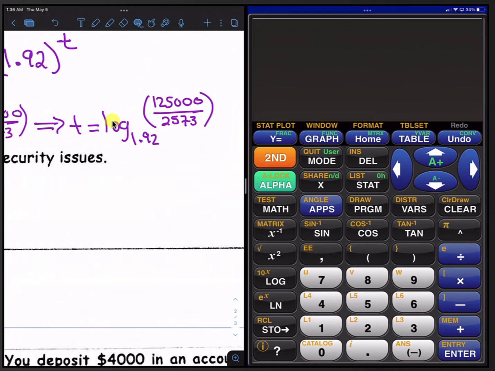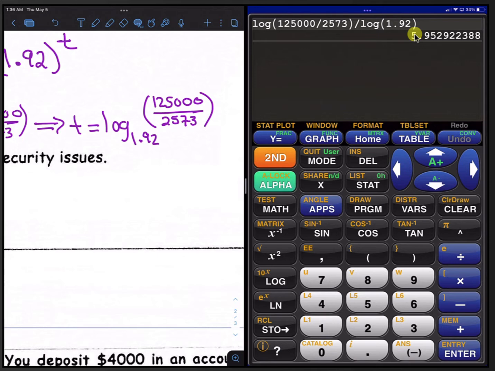So the change of base rule says that this is going to be log of this fraction. So let's go ahead and do that. Press the log button and let's type in the fraction. It's 125,000 divided by 2573. Close that parentheses. And then all of that is divided by the log of the base, 1.92. All right, close that parentheses and press enter, and there is our answer.